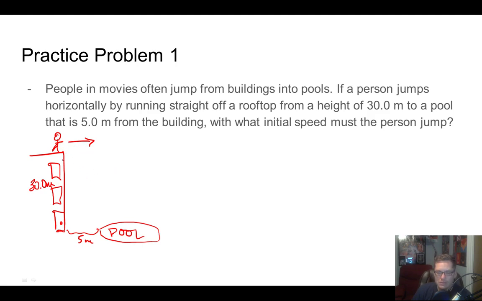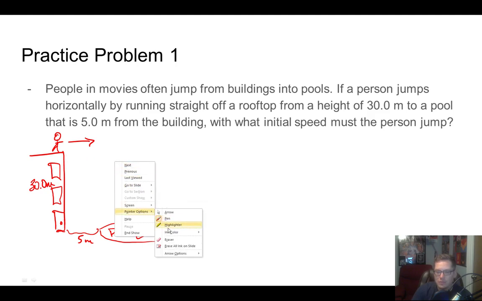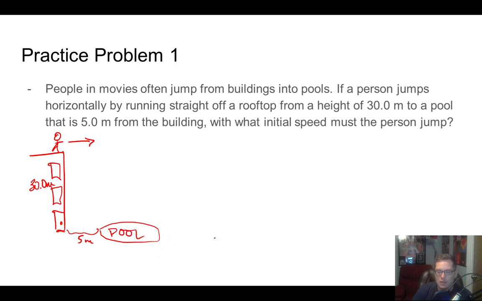If we don't run fast enough, we'll come out here and go kersplat there, right? That's no good. So we need a high enough horizontal velocity to start with that we hit the pool and not the ground.